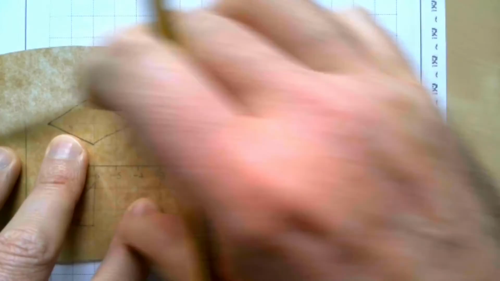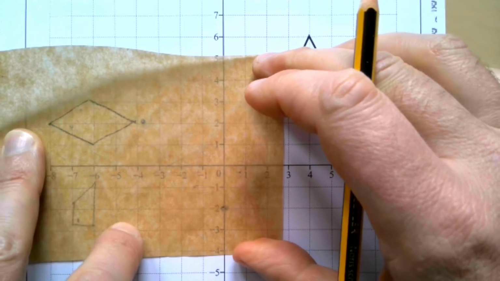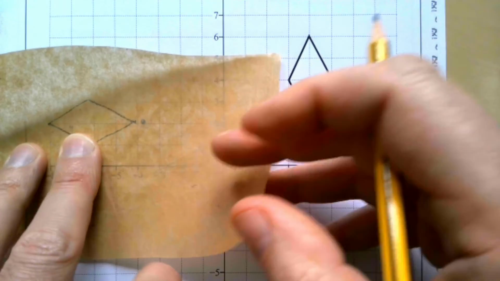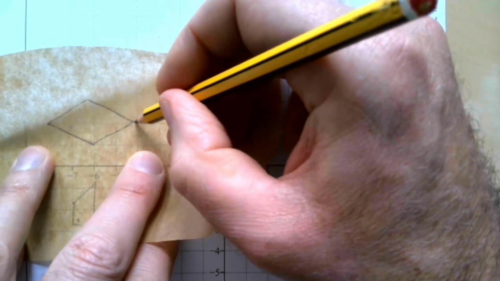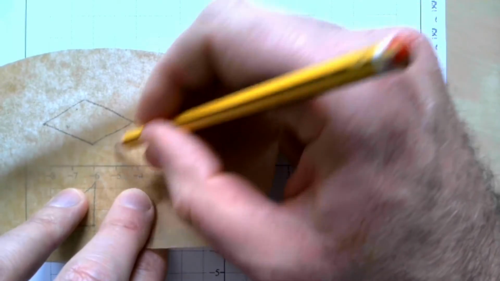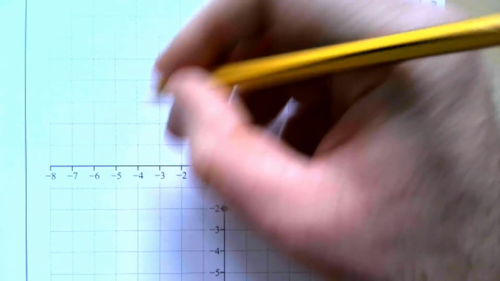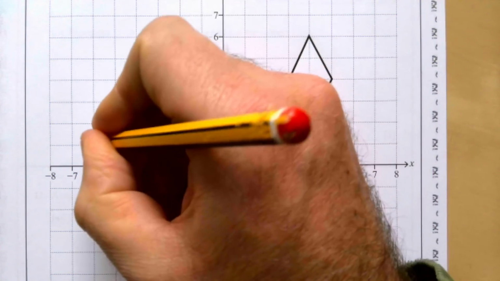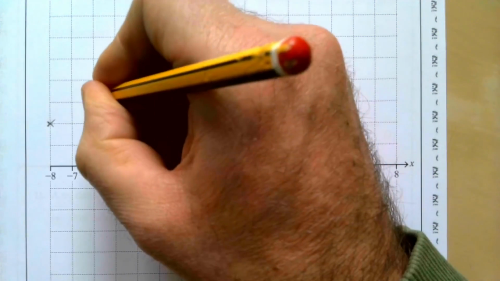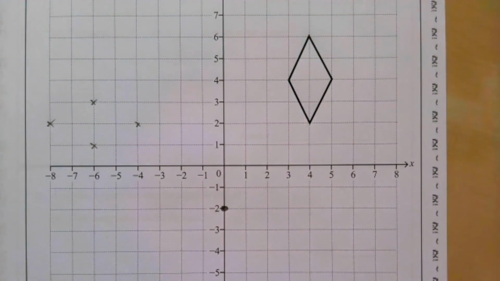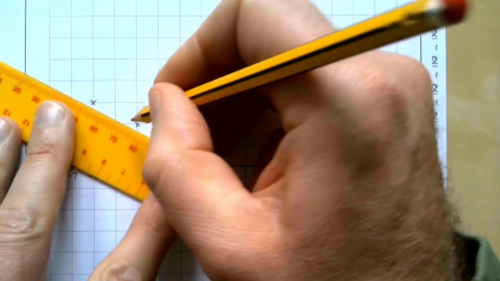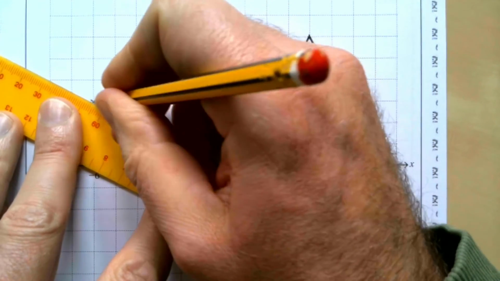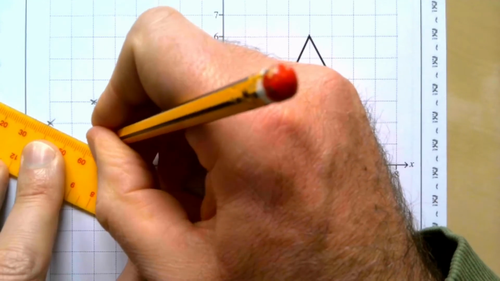Good to keep your paper. So this paper is now sort of landscape where it was portrait, and gives you a better idea about how far you've rotated. So there's my point there. That's going to be the point minus 4, 2, and then minus 6, 1. And then just because I know the shape, it's going to end up like that. Let's join this.